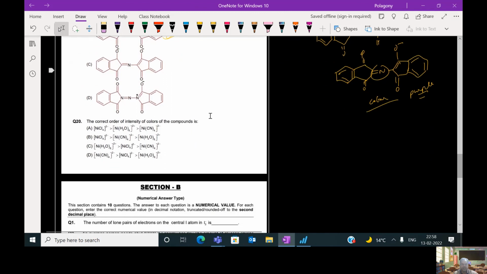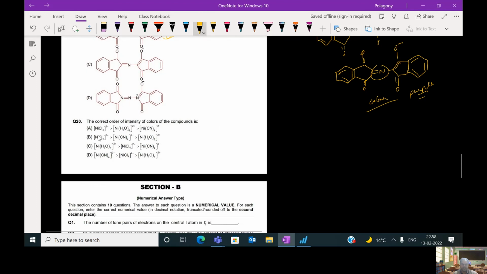The 20th question: the correct order of intensity of colors in compounds. Here is tetrachloronickelate(II) with a 2- charge, hexaaquanickel(II) with a 2+ charge, and tetracyanonickelate(II) with a 2- charge.